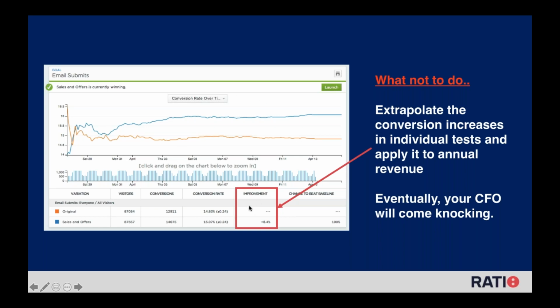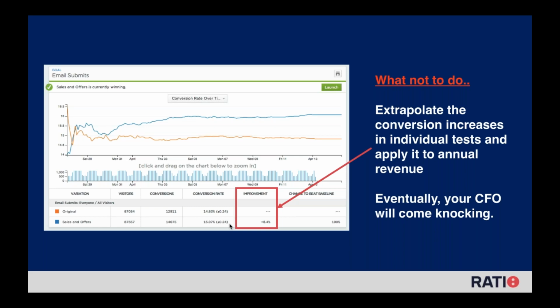And say that the conversion increase that was seen can be predicted to drive an equivalent revenue uplift over the course of the entire year. Now, there are a number of problems with doing it in this way.